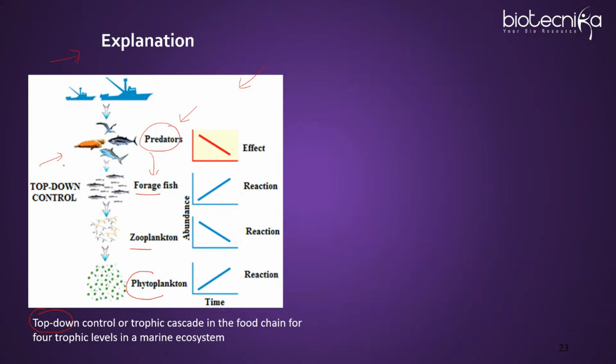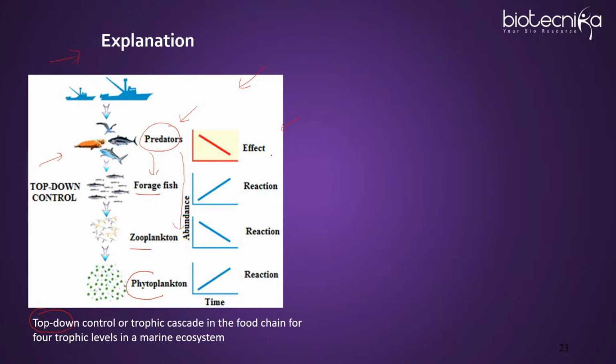Now, the top-down effect says that if the individuals present at one trophic level are reduced or increased, the effect will flow down till the bottom. And how will the effect flow? What will be the pattern?